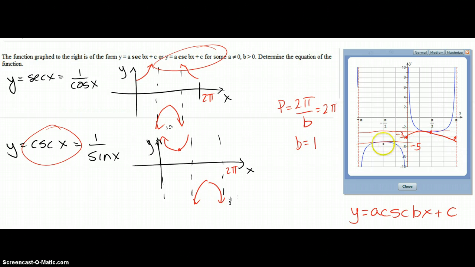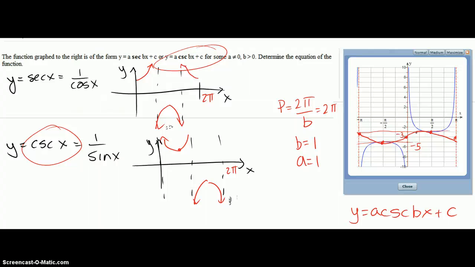It looks like that. -1. It's just on the negative axis, but that really is our sine, isn't it? Okay, so it looks like the a is just 1 as well, because it goes from -4 to -5 is the amplitude.